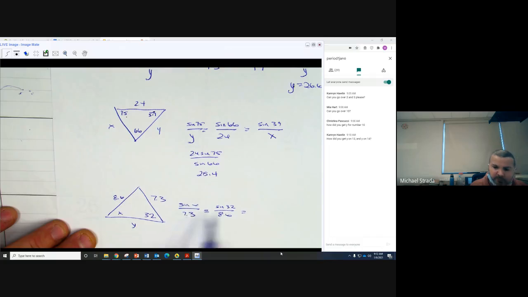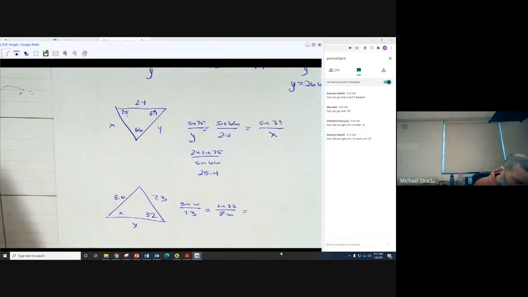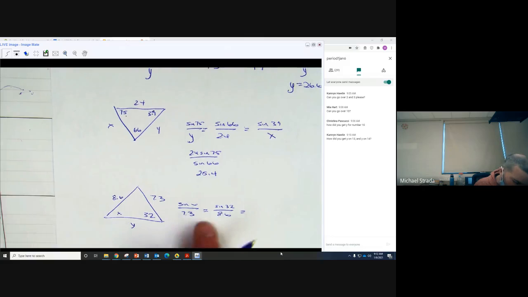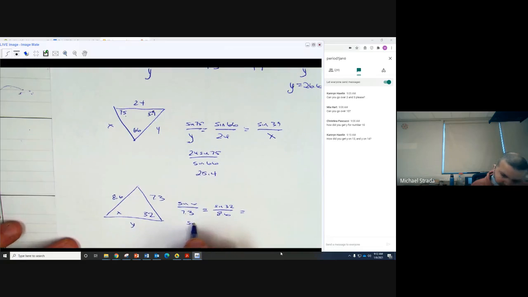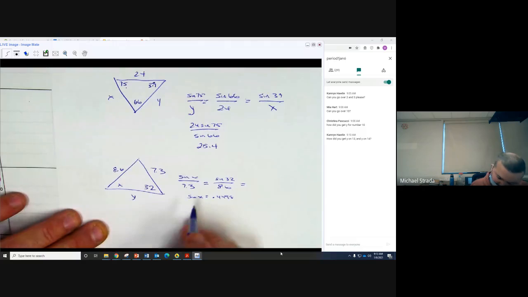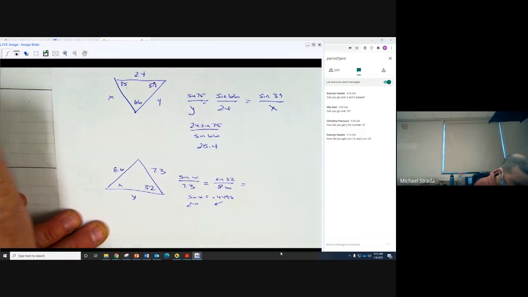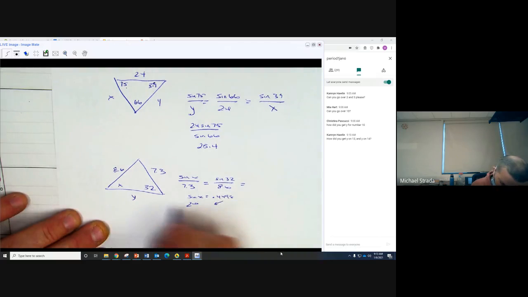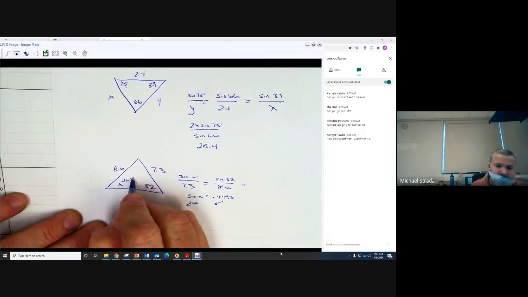So I'm going to do 7.3 times the sine of 32 and divide that by 8.6. So the sine of x equals 0.4498. I'm now going to hit second sine and put in the 0.4498. That gives me 26.7 degrees for y.